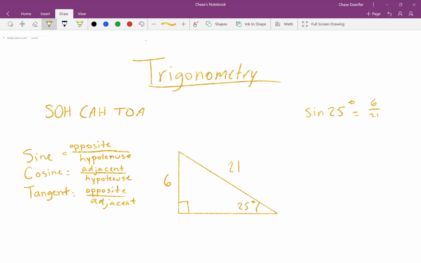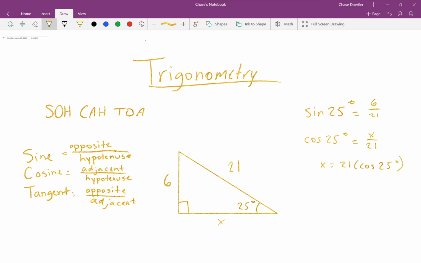Now, cosine is going to be a little bit more difficult to find because we have to actually find out a value for x, which would be down here. So cosine of 25 will be equal to x over 21. Then x will be equal to 21 times cosine 25.